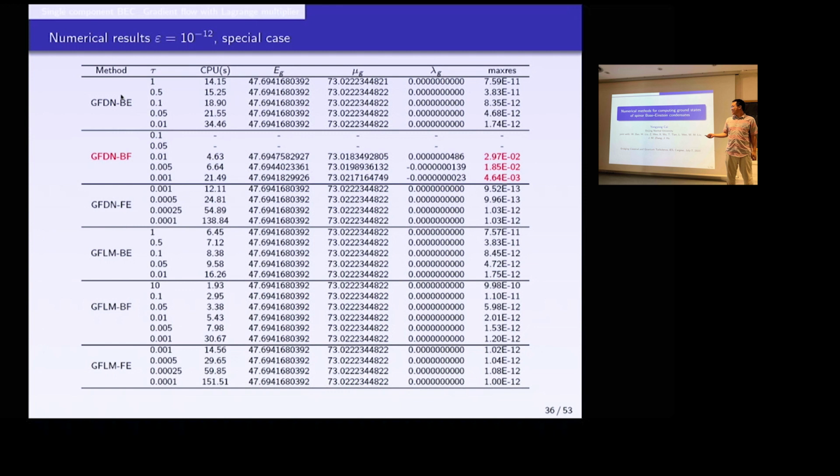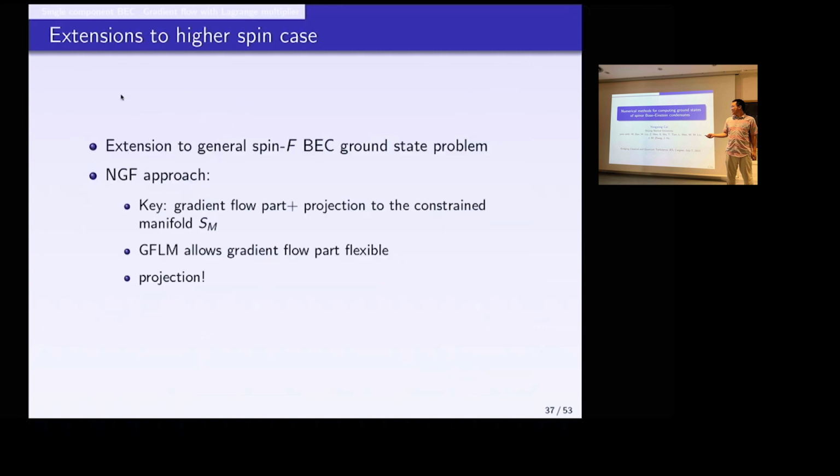Then the next step is to extend the discussion to the general spin case. The basic approach uses the normalized gradient flow. The key steps are first a gradient flow part, and then a projection to satisfy the constraint.